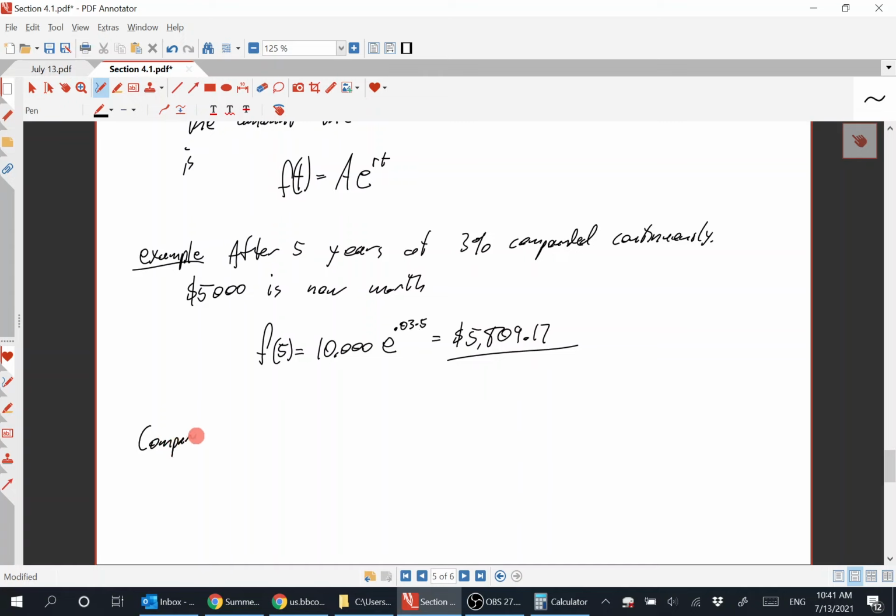So compare all of these to compounding once per year. So then F of 5 would be equal to 5,000 times 1.03 to the 5.